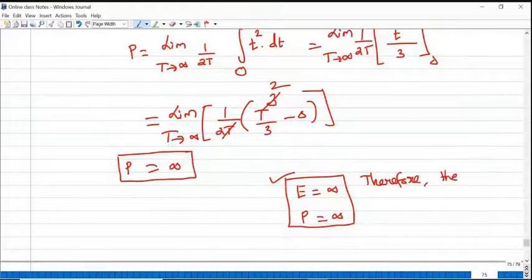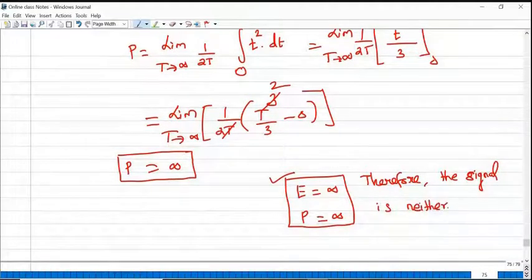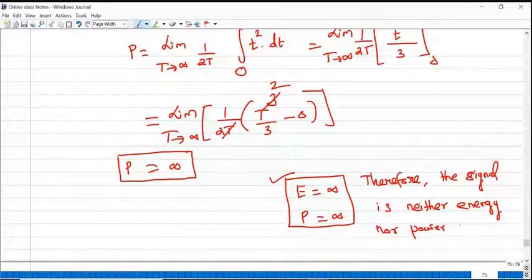Therefore, the given signal is neither an energy nor a power signal.